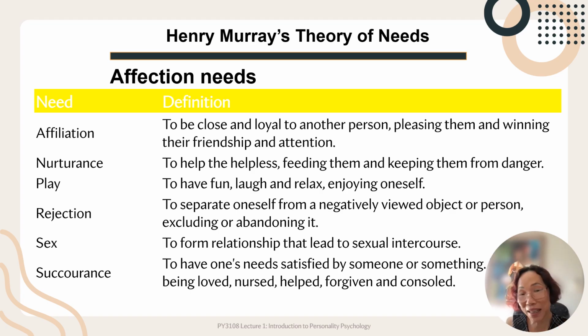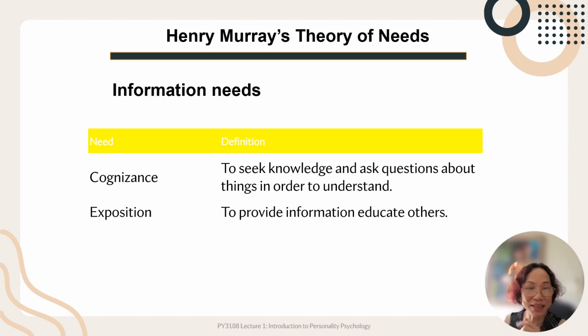For example, looking after our pets, play, rejection, sex, and also being loved, nursed, helped, forgiven, and these are the affection needs. There is another need, information needs. For example, seek knowledge and ask questions about things in order to understand, to provide information, to educate others. These are the information needs.